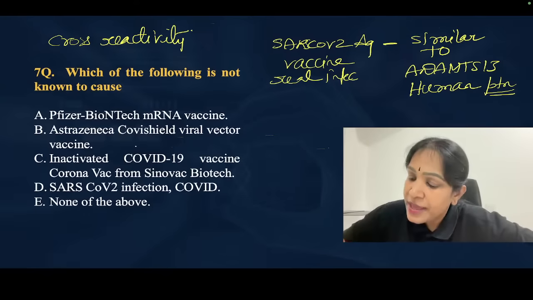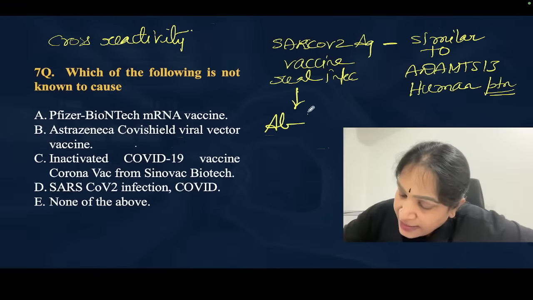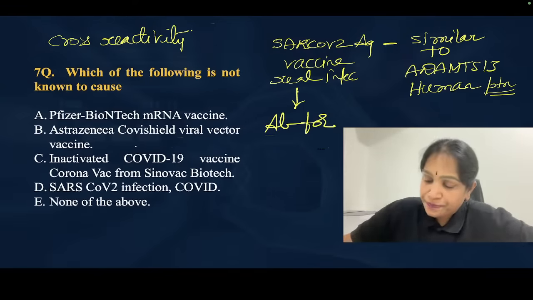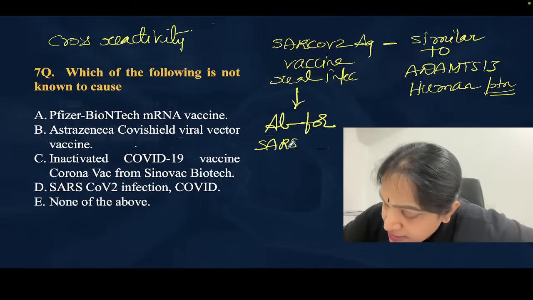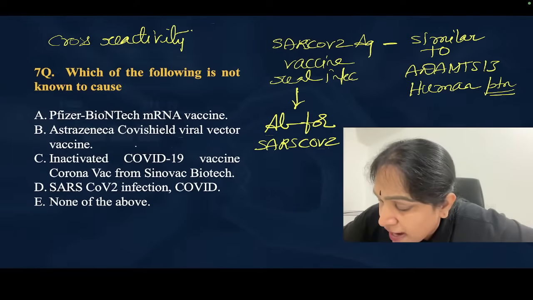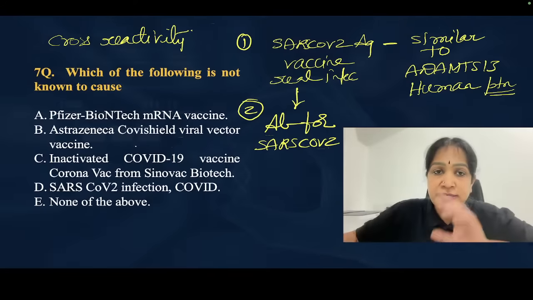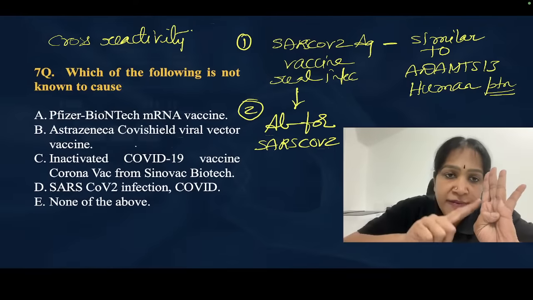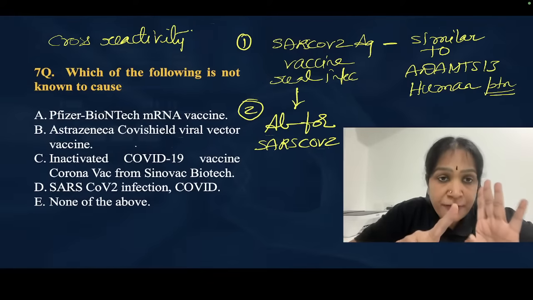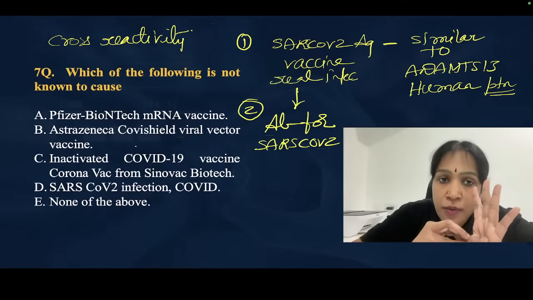Now, what happens? We produce antibodies for the SARS-CoV-2 antigen. Step 1, SARS-CoV-2 antigen entered our body. How?